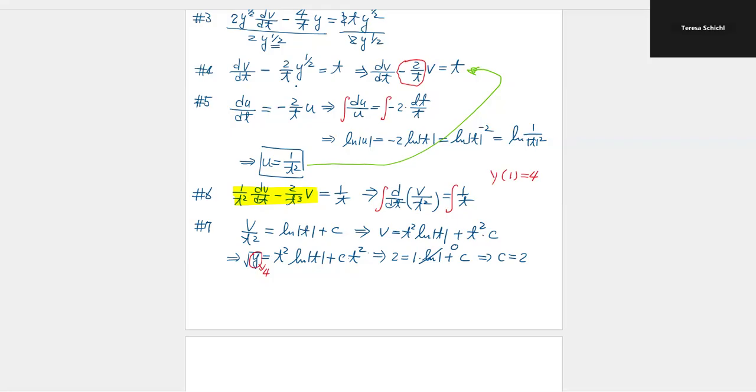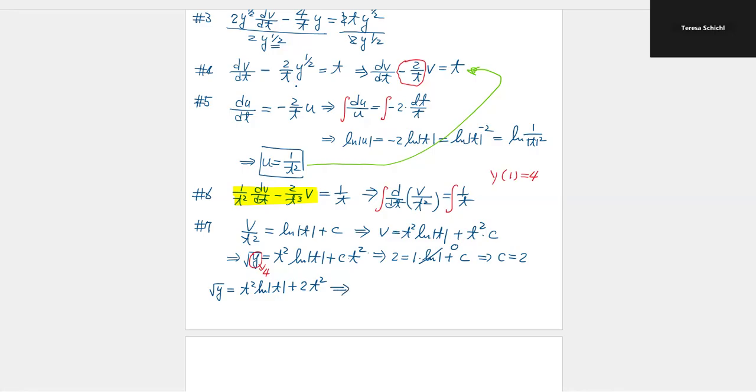Good, so now I finally solved my equation. The square root of y will be equal to t squared natural log t plus 2 t squared.